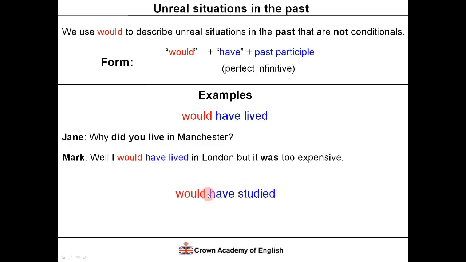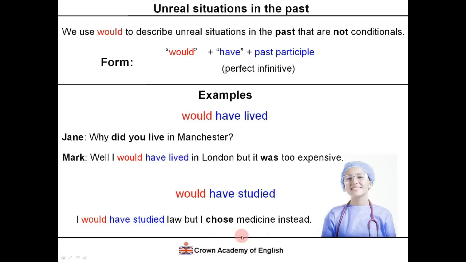Another example would be would have studied. "I would have studied law, but I chose medicine instead." I chose medicine instead. Okay, so it's an unreal situation in the past. So this means, in fact, I did not study law. I studied medicine.